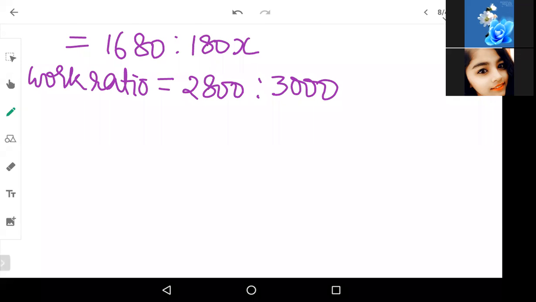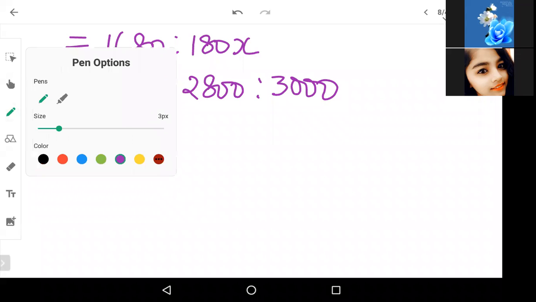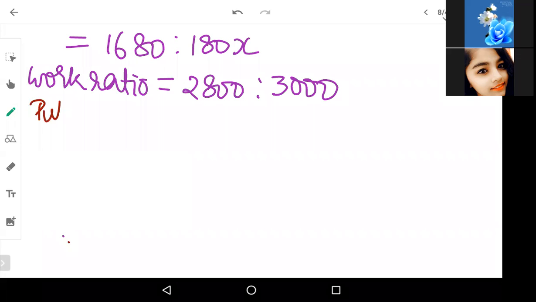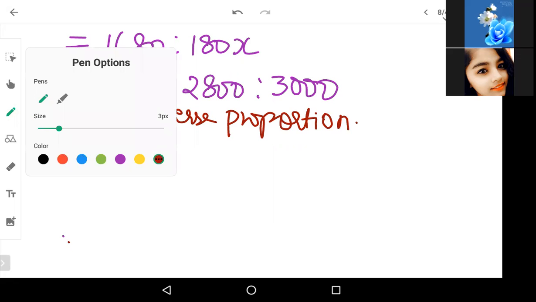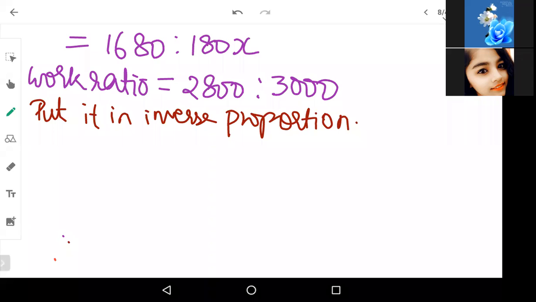Good. Now, since this is in inverse proportion, let us put the ratios in inverse proportion. See the ratios.